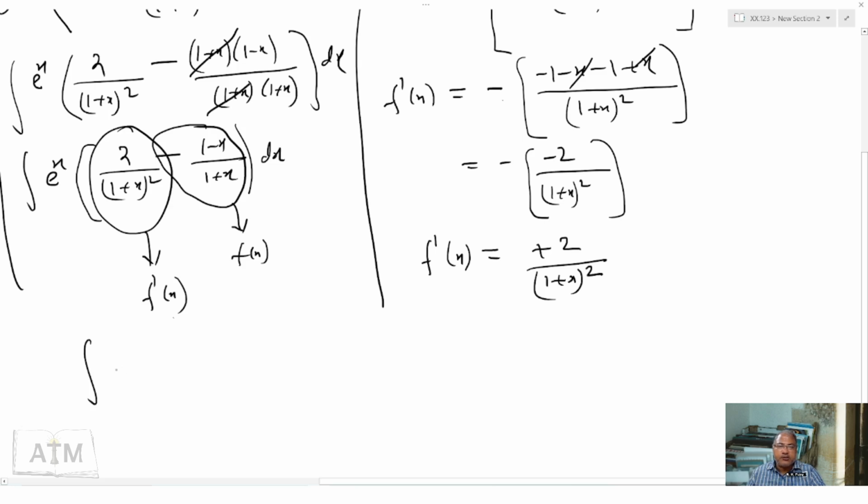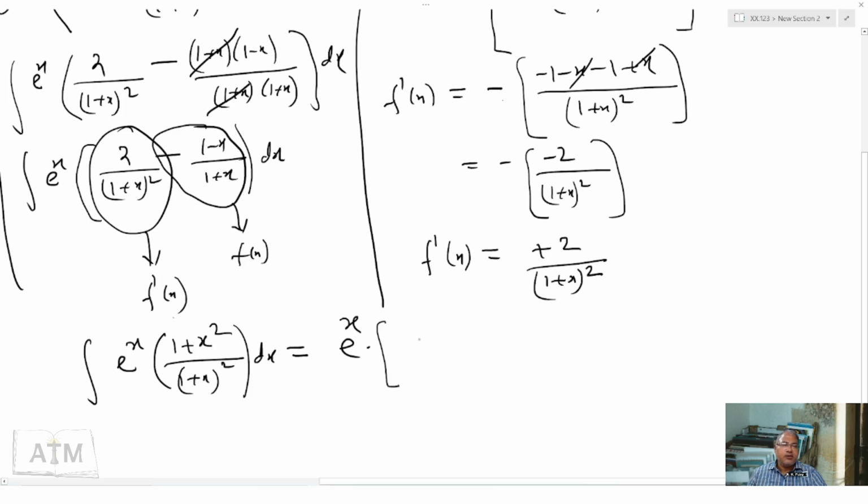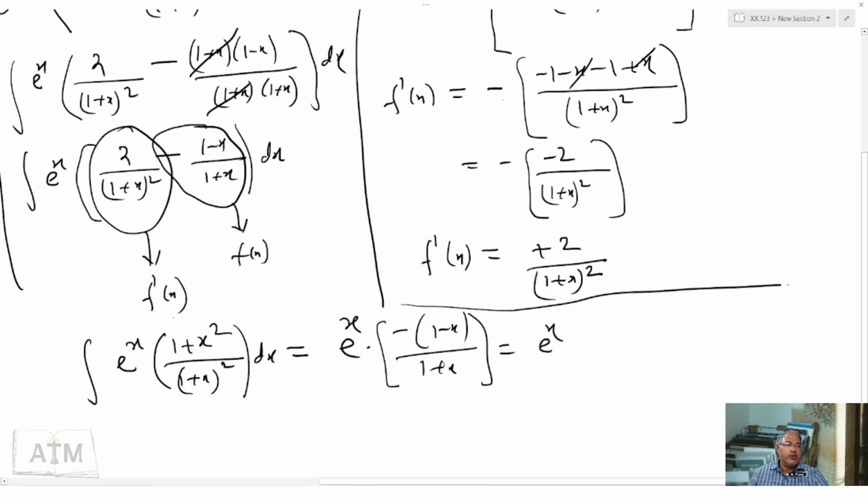Therefore, the integration of e raised to x into (1 plus x square) upon (1 plus x) whole square, with respect to x, equals e raised to x into minus of (1 minus x) upon (1 plus x). This equals e raised to x into (x minus 1) upon (x plus 1), plus c. This is the required solution.